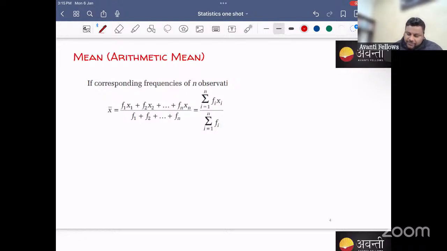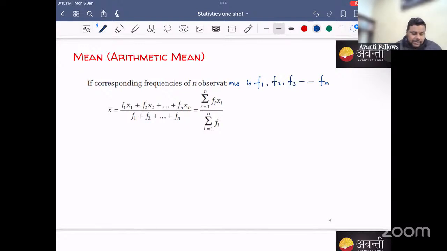Now, if the corresponding frequencies of n observations are f1, f2, f3 up to fn. What does frequency mean? Take it like 5 students in a class have scored 20 marks, 5 students scored 30 marks, 4 students scored 50 marks, and so on. So this 5, the number of students, is the frequency. 20 marks are obtained by 5 students, so 20 should be added 5 times.